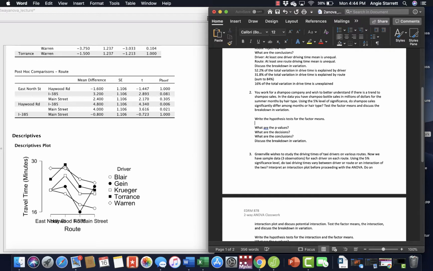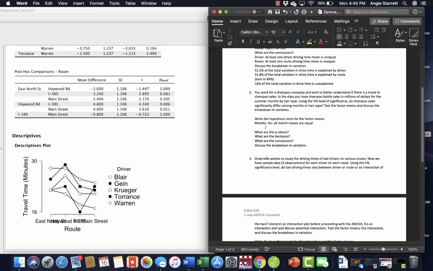All right, so it looks like here we have months. We've got a null that says all month means are equal, and an alternative, at least 1 month mean is unequal.